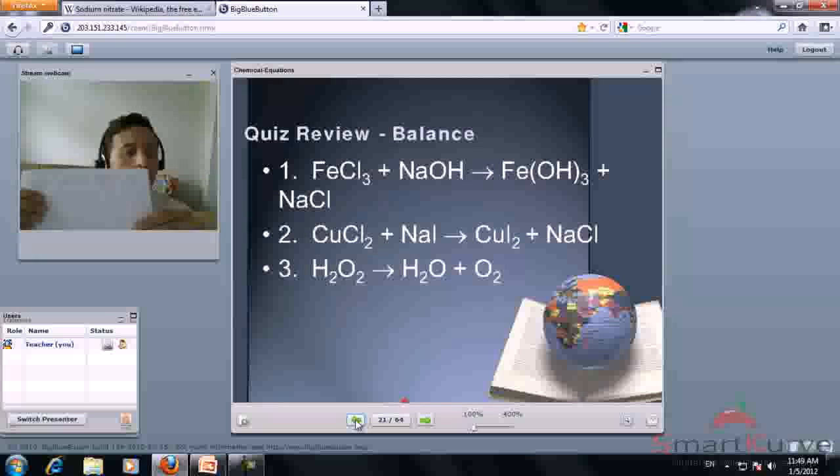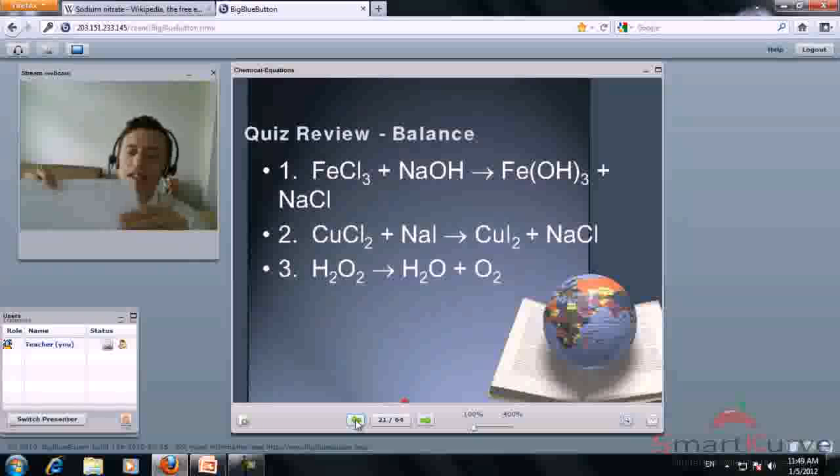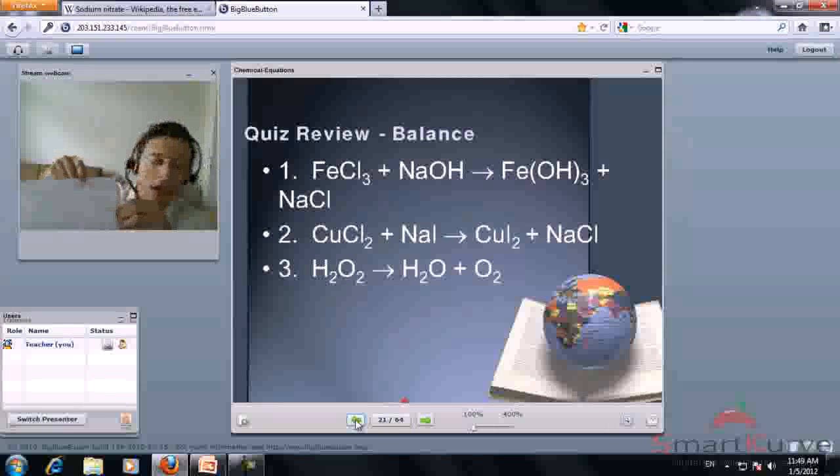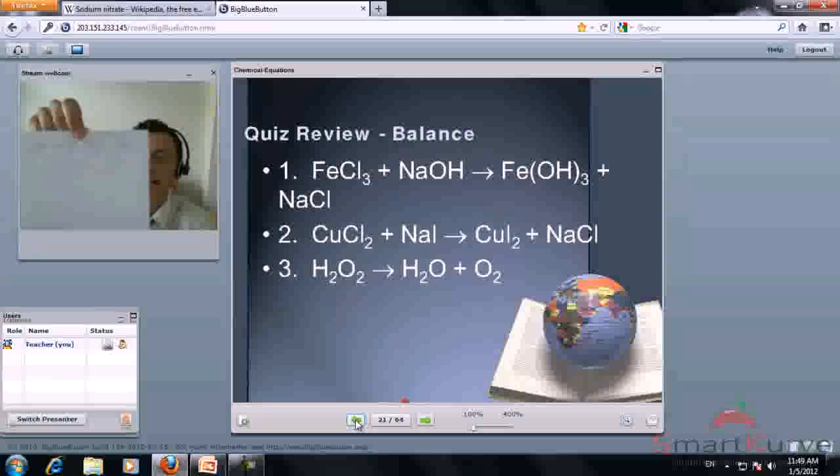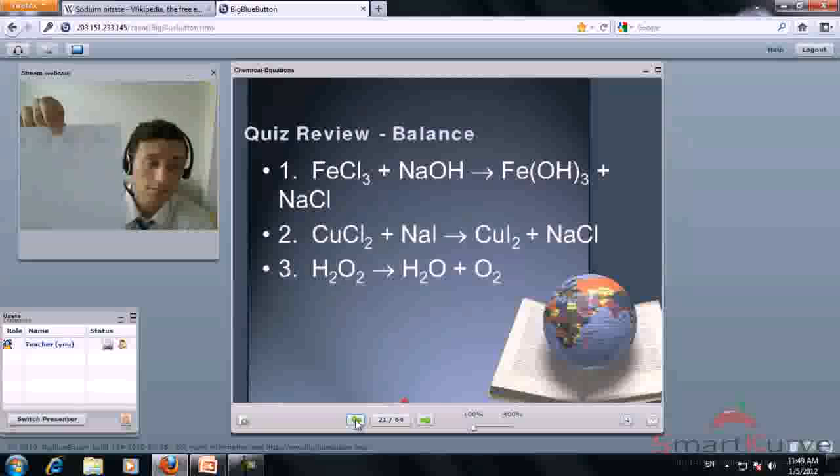All right. And in this chemical reaction, it's going to react with the iron chloride to make iron hydroxide. Iron hydroxide is used as a pigment. That means it gives color to things.